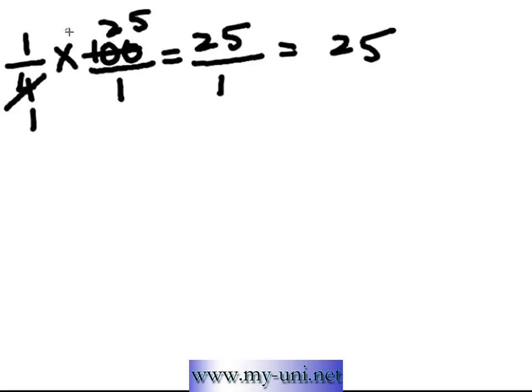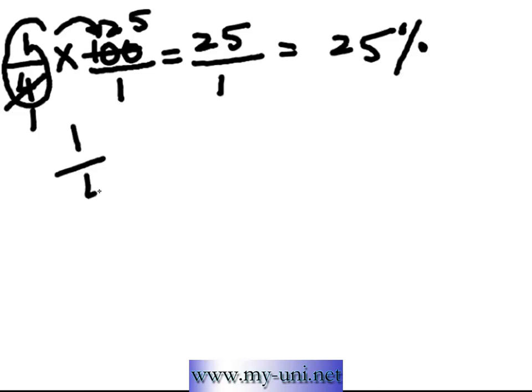Now because we are converting this whole object onto a scale of 100, it will be known as a percentage. So we have converted a simple fraction into a percentage.